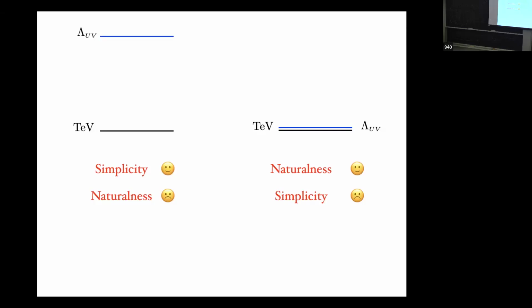In the standard model, there's a one-to-one match between what we observe and the operators of dimension less than or equal to 4. In the other cases, this match does not exist.